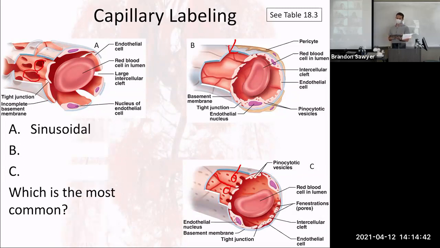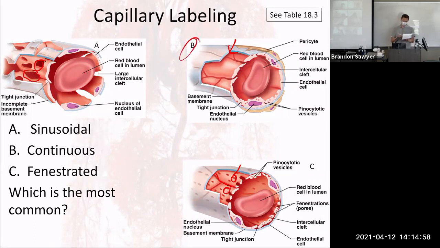So A is the sinusoidal ones, B is continuous, and then C is the fenestrated ones. Okay, and the most common one for sure is going to be B, the continuous ones. Okay, the other 2 are kind of more specific for very specific functions in certain parts of the body.